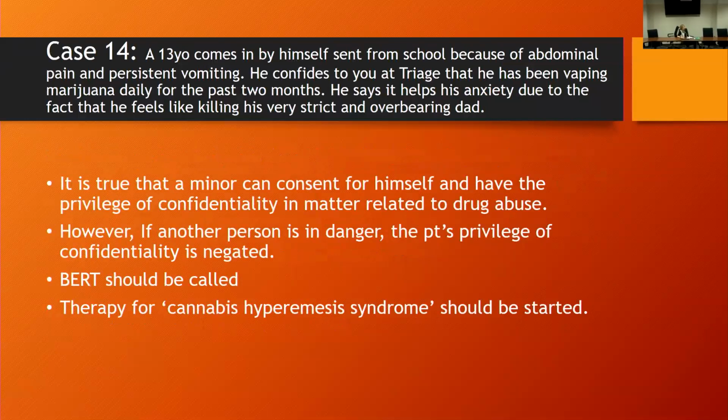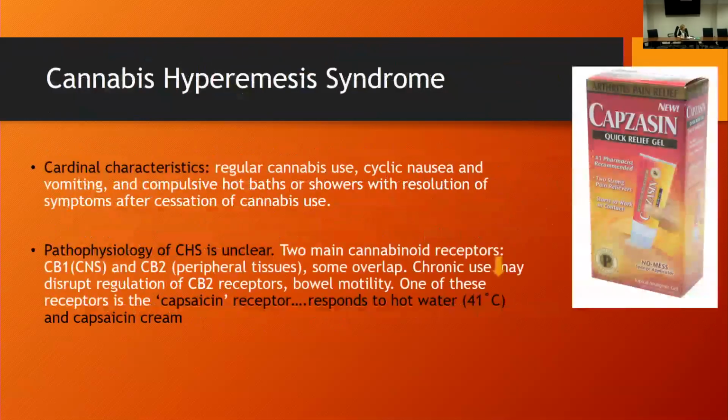And I just wanted to go over this because I think we're seeing a lot, and how the characteristics are, and some of the things that help are the capsaicin cream that you use for muscle aches and pains that specifically targets the vomiting receptor, the CB1 receptor.